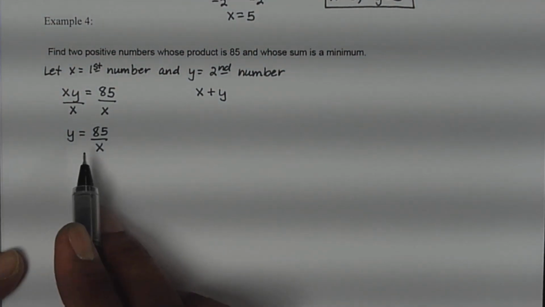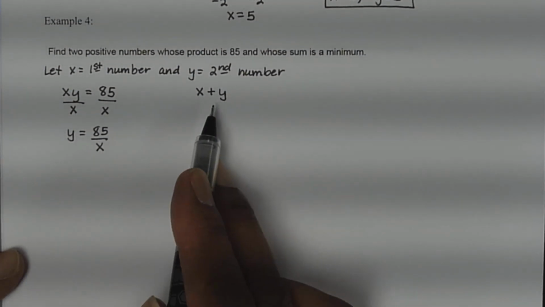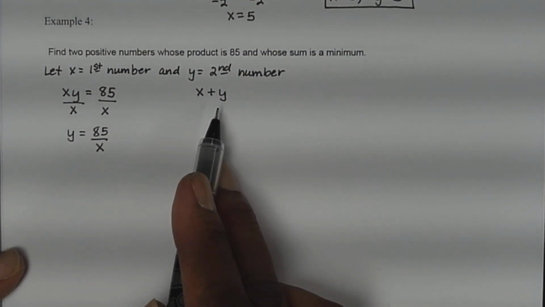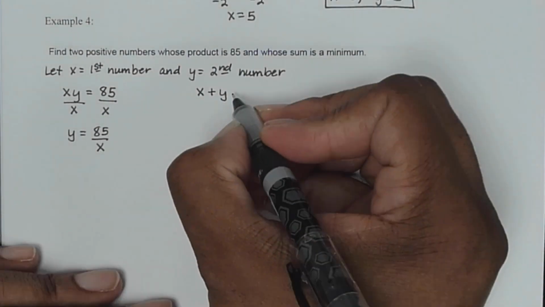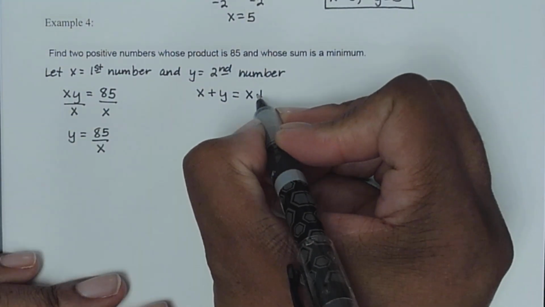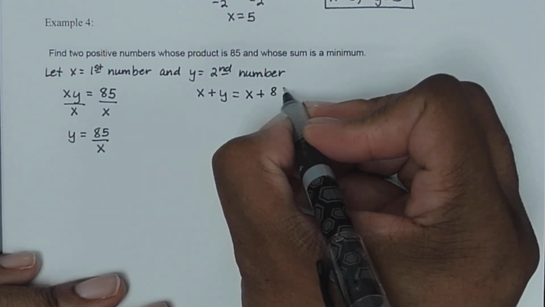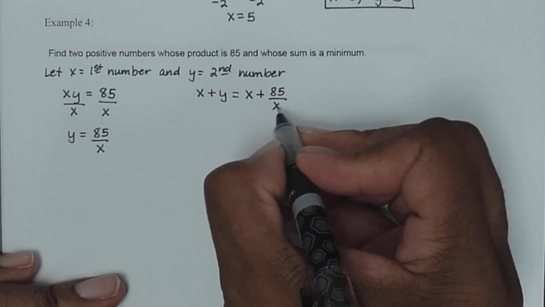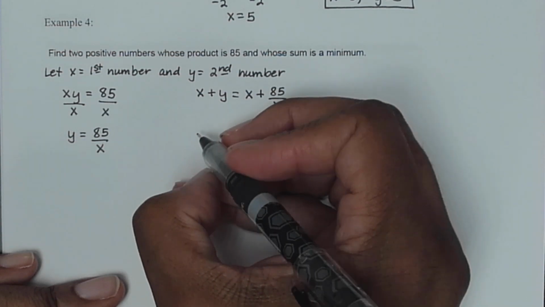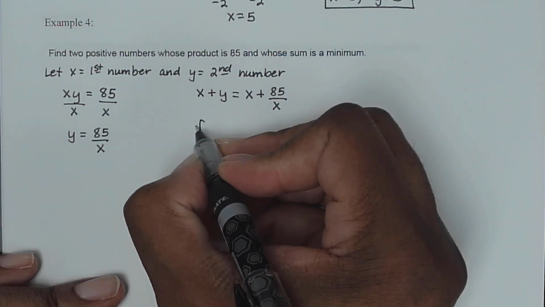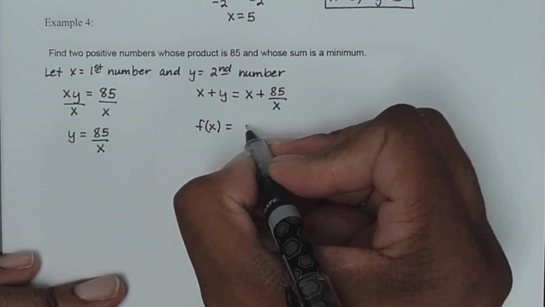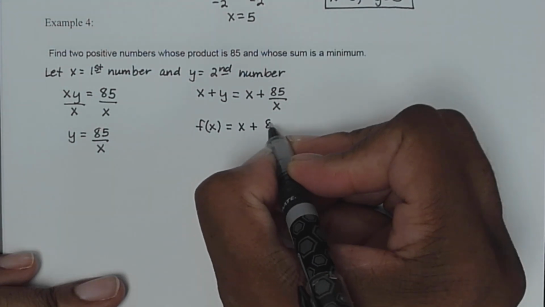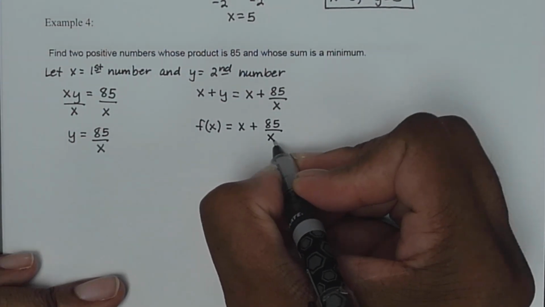And then I'm going to take that y, which is 85 over x, and substitute it for the y in the expression x plus y. So I'm going to have x plus 85 over x, and this x plus 85 over x will be what f of x will be.